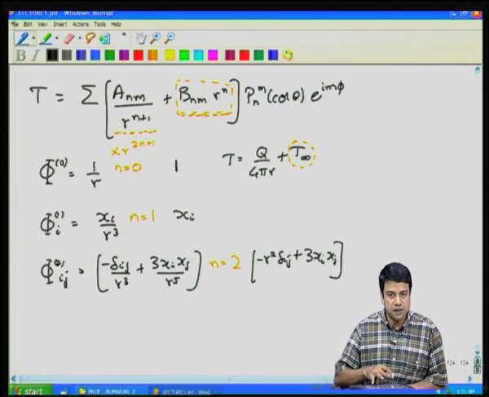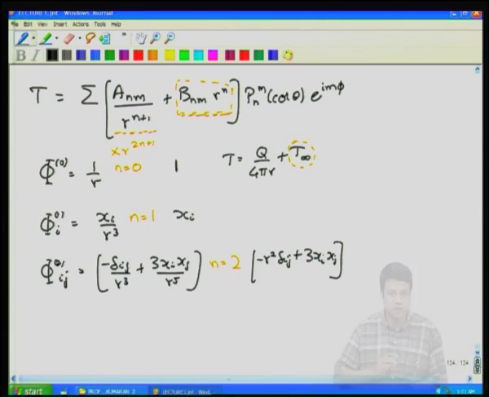These are exactly the same as what we got using spherical harmonics expansions, as well as by looking at point sources, dipoles, quadrupoles and so on. But since these are in the form of vectors, they will be more convenient for us to express velocity fields. So, in the next lecture we will use these spherical harmonics expansions for solving the simplest problem that we can, that is the settling of a sphere under gravity in a viscous fluid.